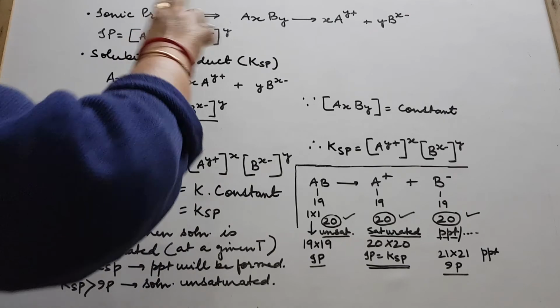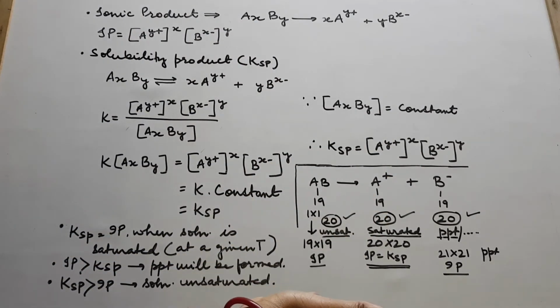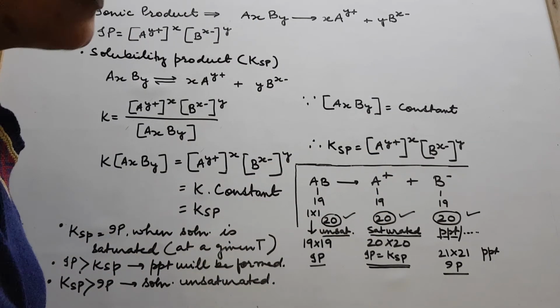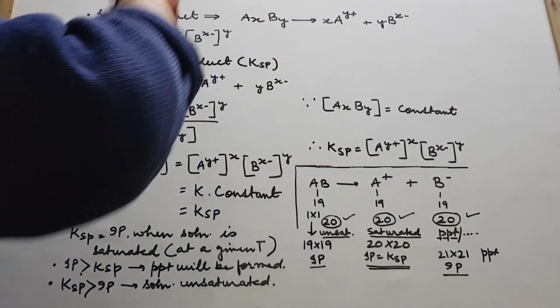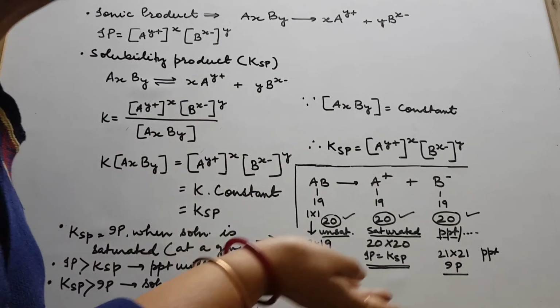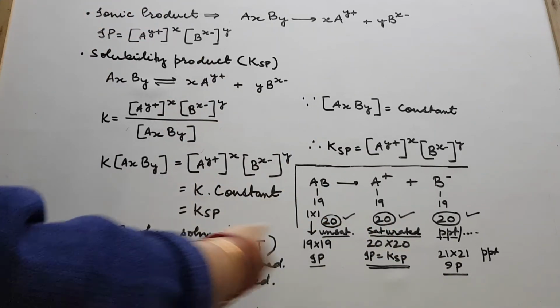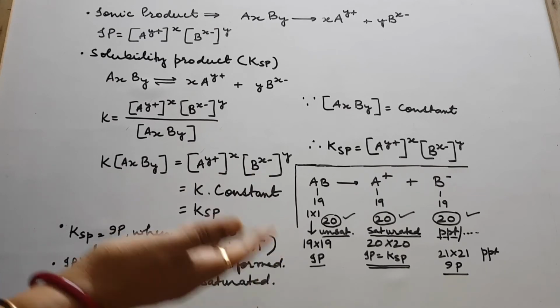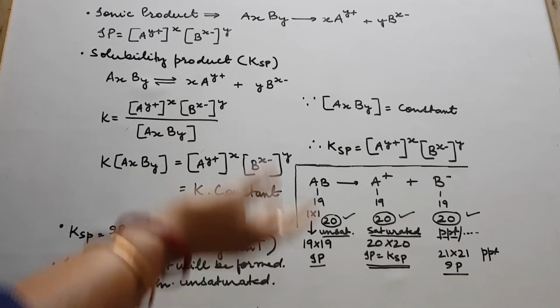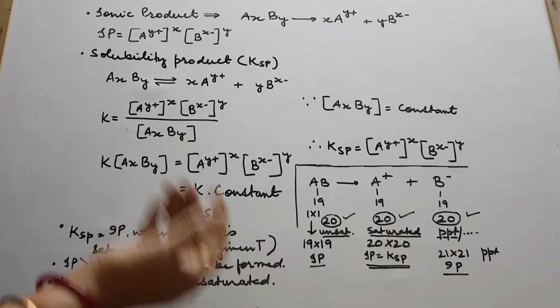If your IP exceeds the KSP value, PPT will be formed certainly. Solubility level is over. If IP is less than KSP, more solute can be dissolved. And if they both are exactly the same, the solution is saturated. This is what you have to learn, children, what is solubility product and ionic product.